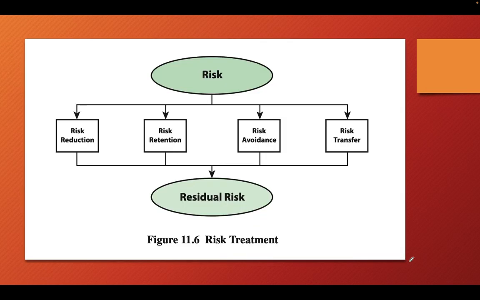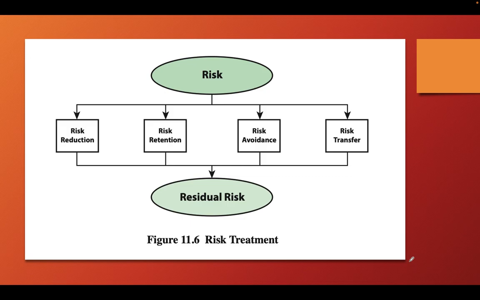Now let's take a look at risk treatment. Figure 11.6 takes a holistic look at risk treatment. Every risk has the following ways of treating it. One is to reduce the risk impact. The second way is risk retention.